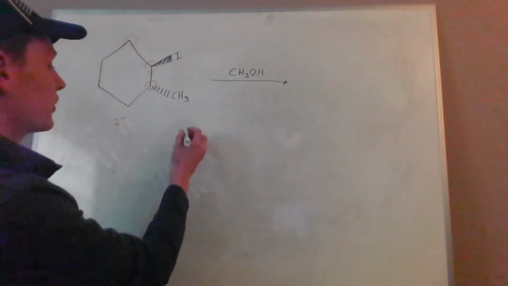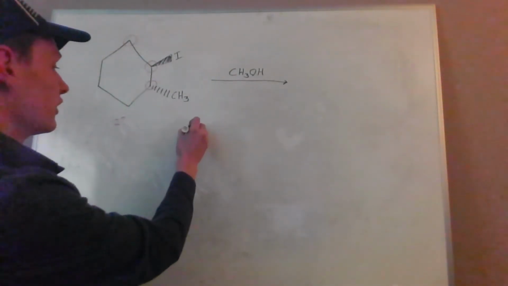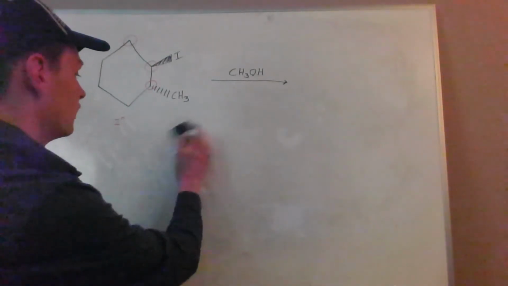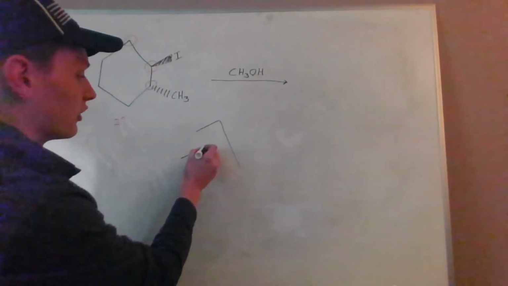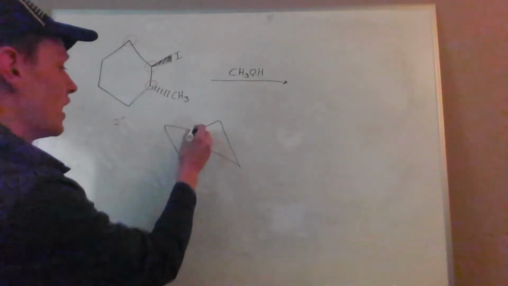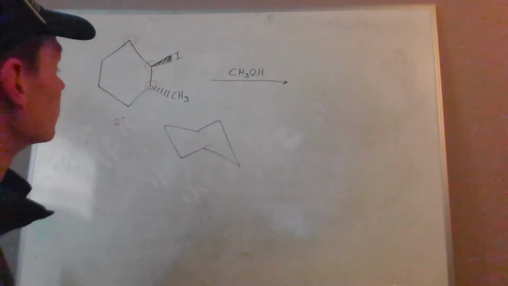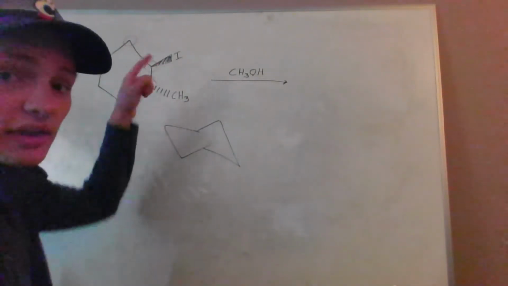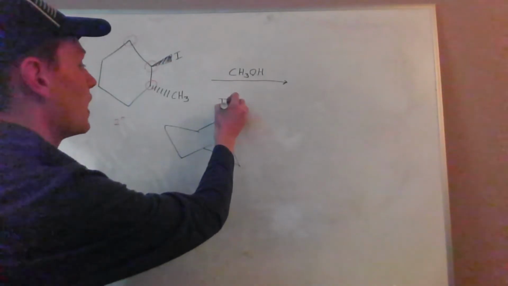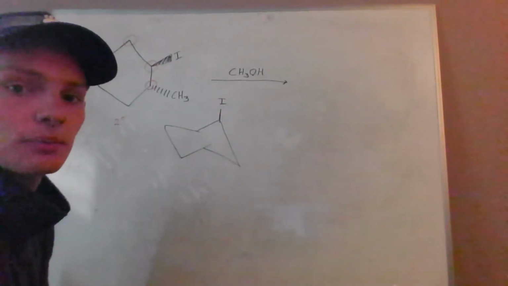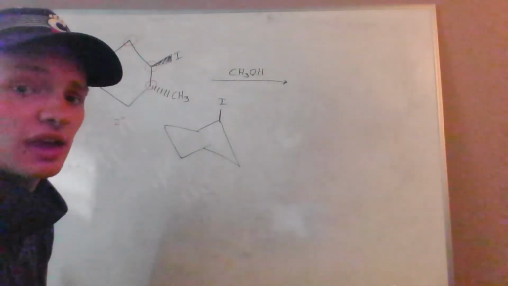So what does that look like for us? Well, when we're thinking about a chair conformation for this, let's draw that. This is a good review. I'm right-handed, so I'm going to draw it like this. It's not great. I'm not great at chair conformations, admittedly. Okay, so let's draw our wedge up, axial, for our leaving group I. So if it's anti-periplanar, it definitely needs to be trans.